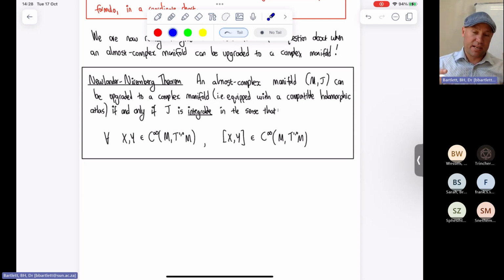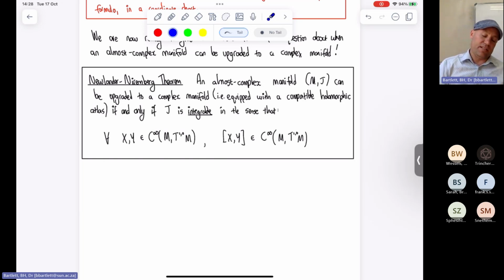But what we're asking is that there isn't a 0, 1 component, that when you take two vector fields of type 1, 0 and you Lie bracket them together, you get back only a 1, 0 vector field. That's what it means to say that the almost complex structure is integrable. And the theorem says that in that case, you can actually find holomorphic charts for the manifold.